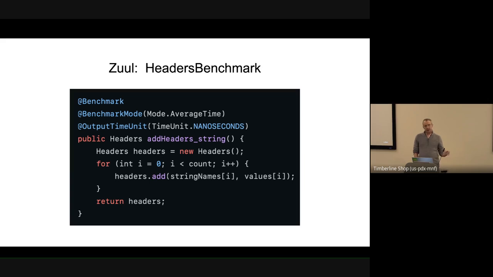And that return statement is actually very important. It might not be obvious here, but in JMH applications, a lot of the examples that are online will do exactly this. They'll return an object as the last line.